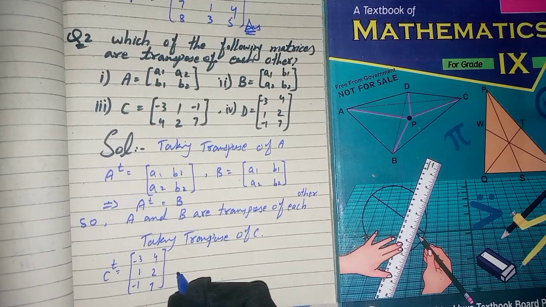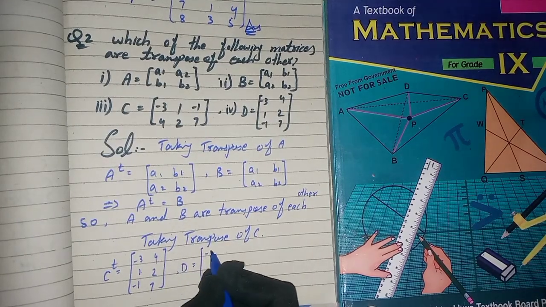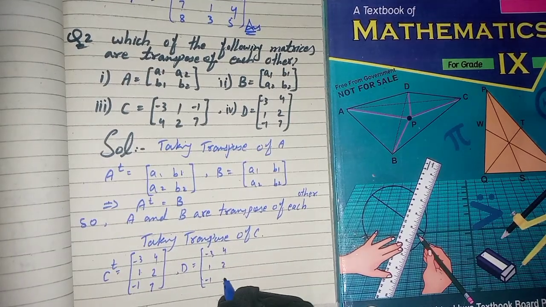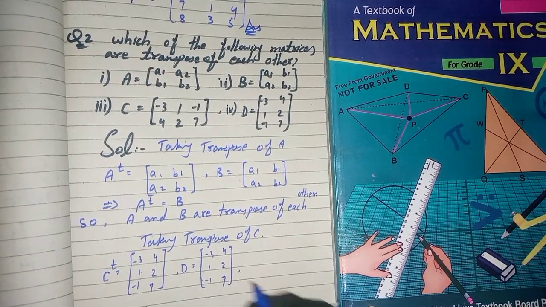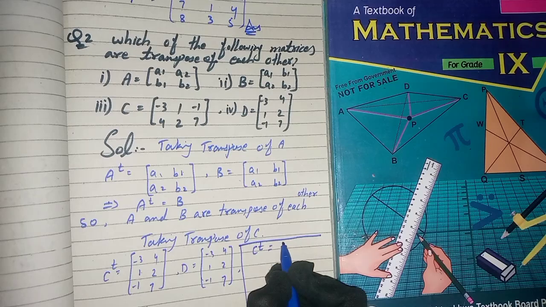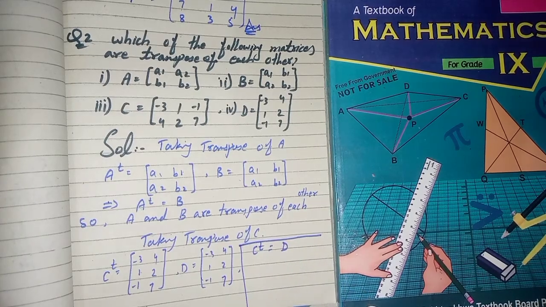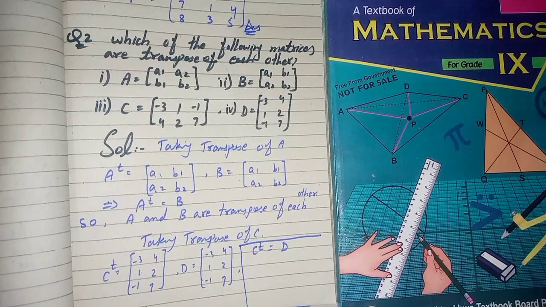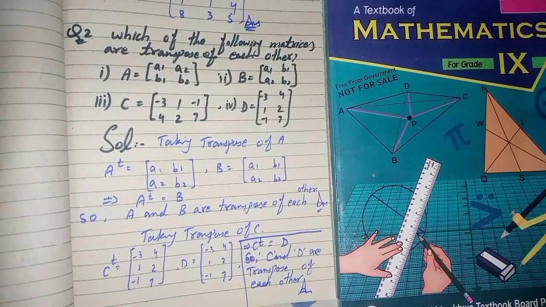And D equal to -3, 1, -1, 4, 2, 7. Here we can see that C transpose is equal to D. So C and D are transpose of each other.